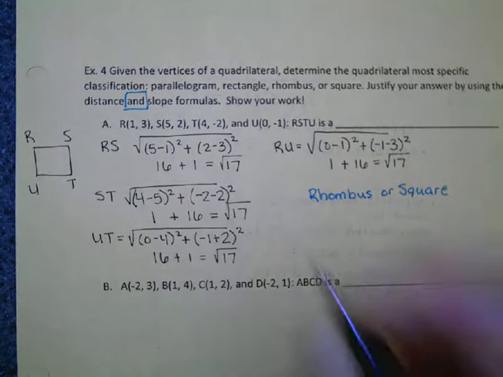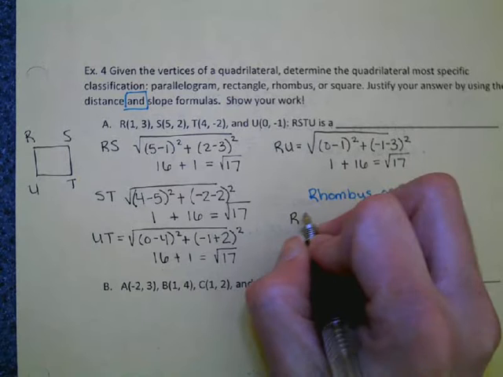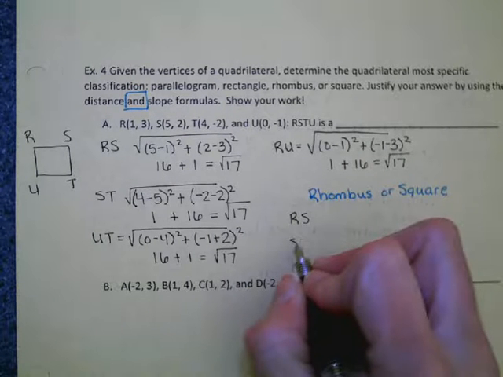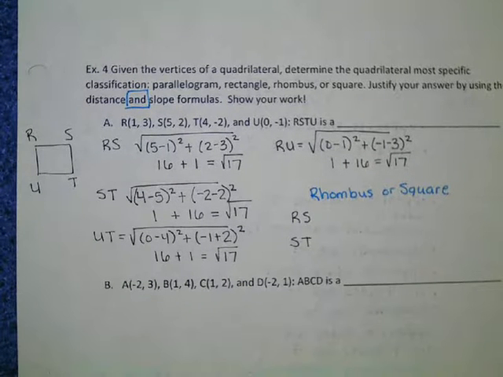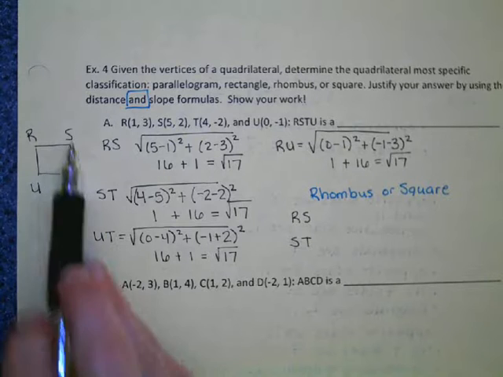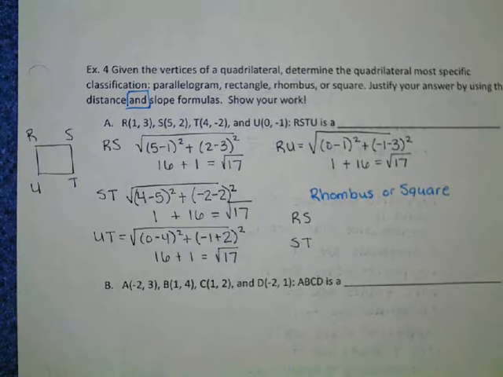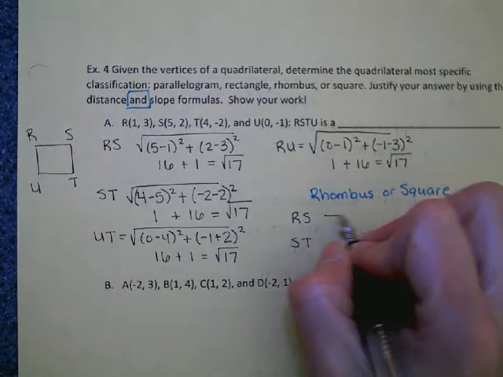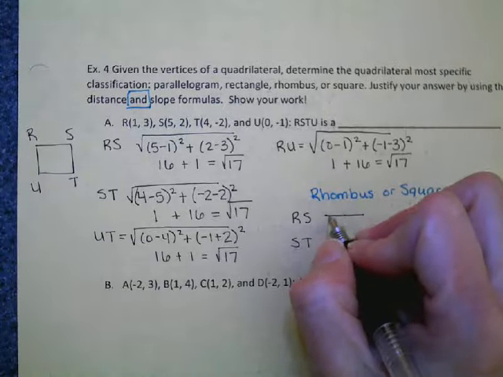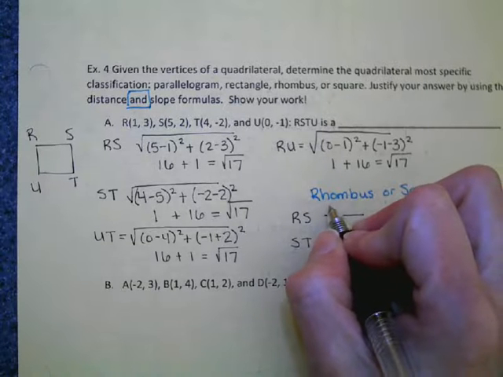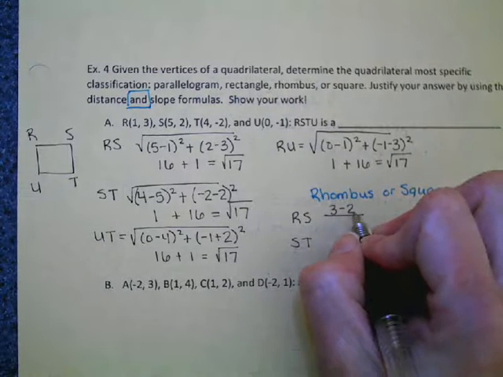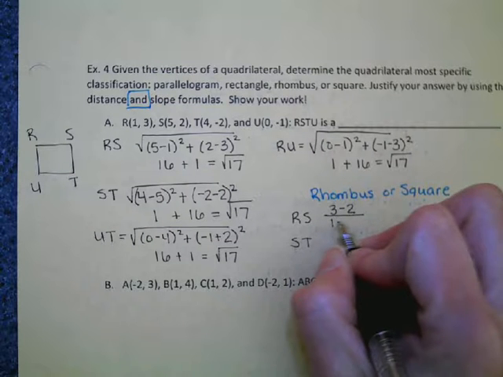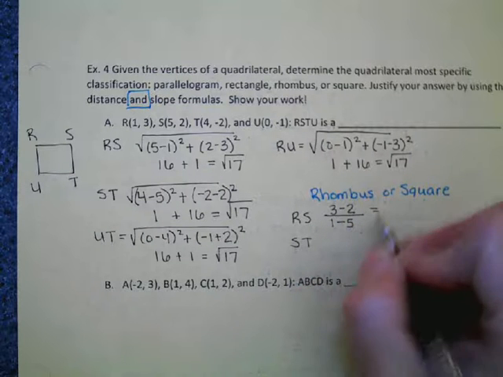So let's go ahead and figure out the slope of RS, and we're going to compare that to the slope of ST. Those would be consecutive sides. Is this side perpendicular to that side? So you use the slope formula to figure that out. So on top, RS would be Y minus Y, so 3 minus 2, or 2 minus 3, whichever way you want to do that, and 1 minus 5, or 5 minus 1.